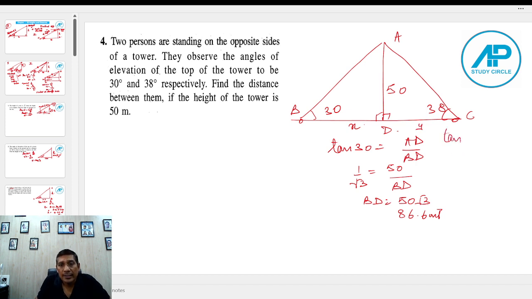So tan 38 equals perpendicular upon base.